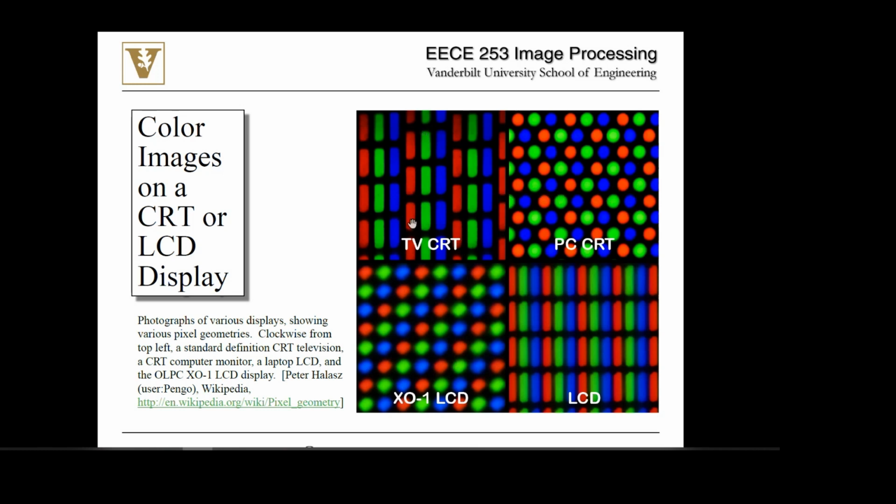Depending on how you organize them, it can be more or less efficient in energy, so you don't need to emit as many photons to have the same image quality as with some other technologies.